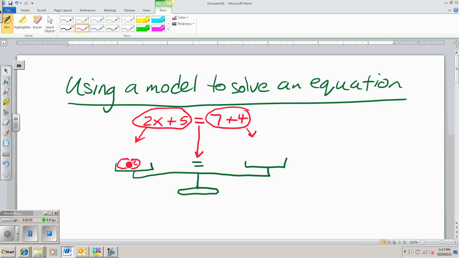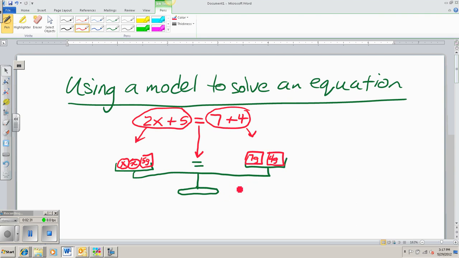I've got 2 of these unknown weights, x. We don't know how much it weighs. And I've got 5 grams. That's the left side of the equation. Now on the right side, we don't have any of the unknown weight. We have 7 grams. Imagine these are like little brass weights or something. And we have 4 grams.